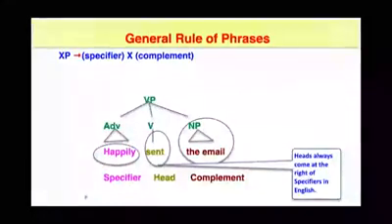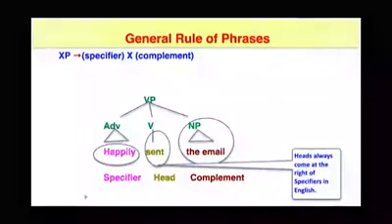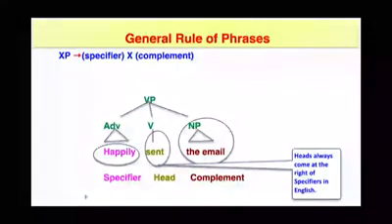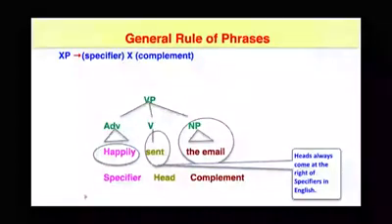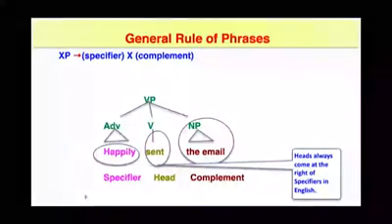So if we go back to the general rule of phrases, XP consists of a specifier, and please bear in mind that it is put between brackets, and we have X, and then also between brackets the complement. What do we mean by these brackets?